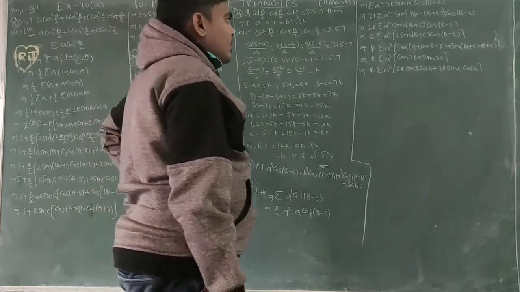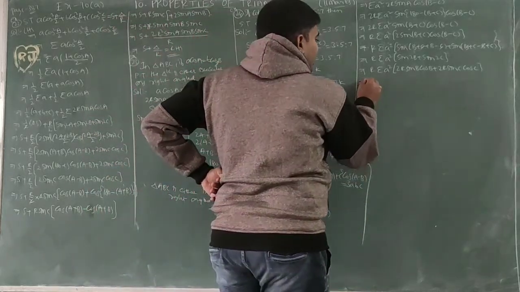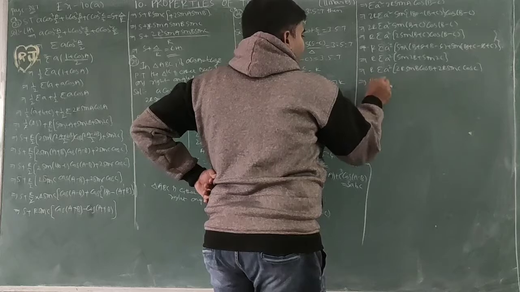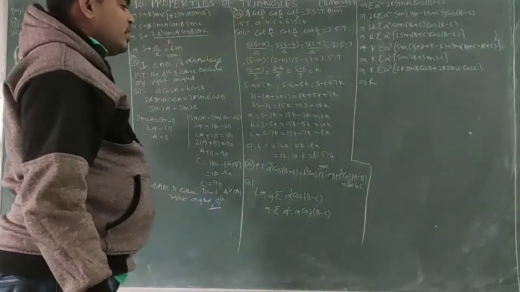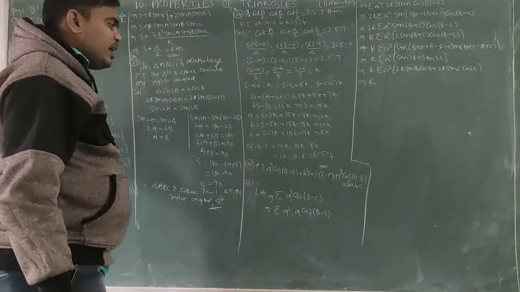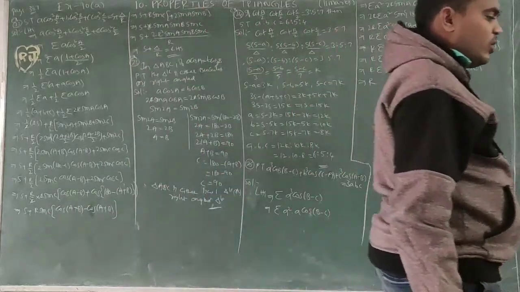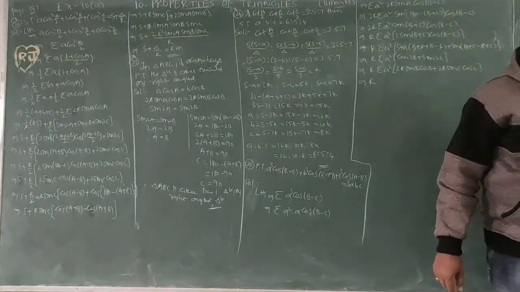Next, I am taking this one: R into sigma a square. So what do we need to prove? Actually, we need to prove it is equal to 3abc.